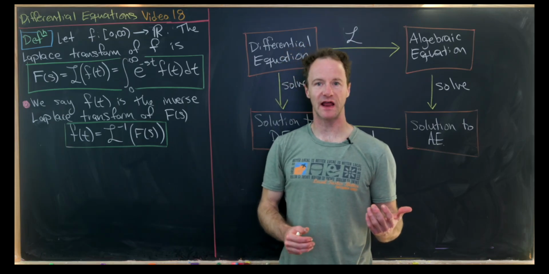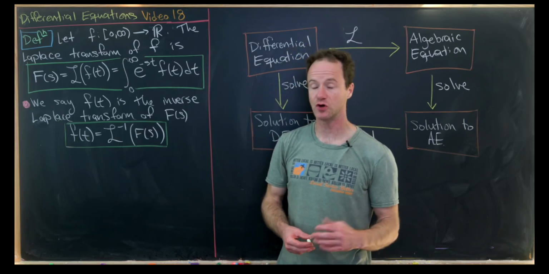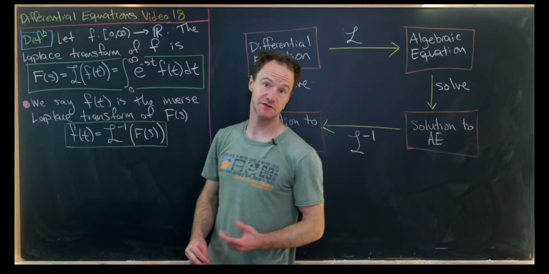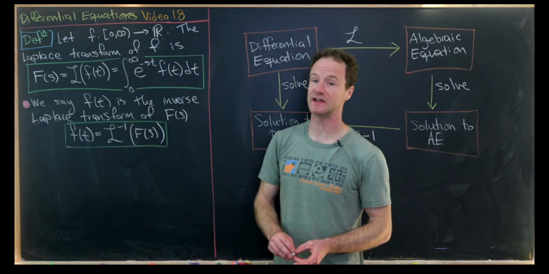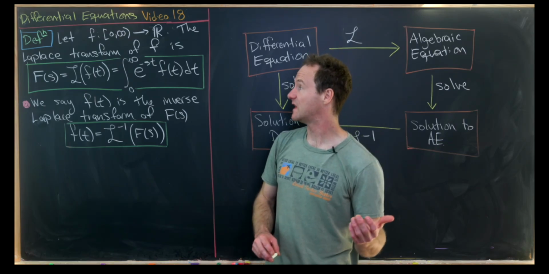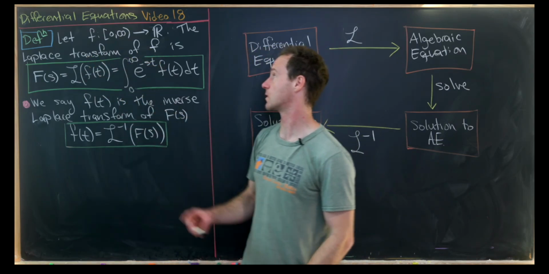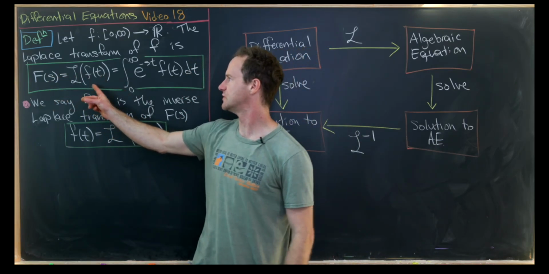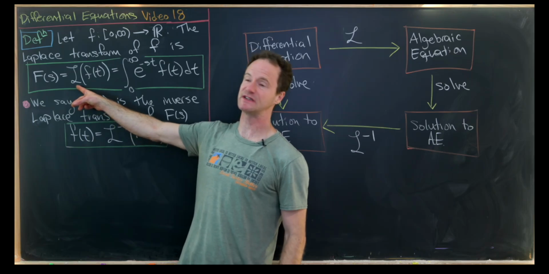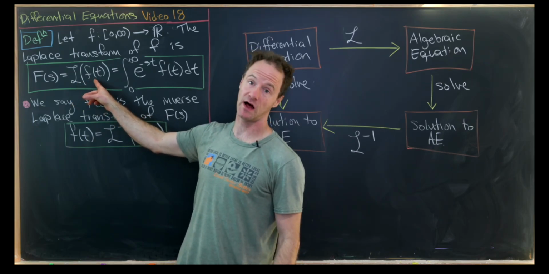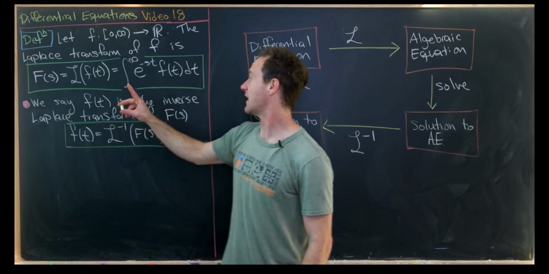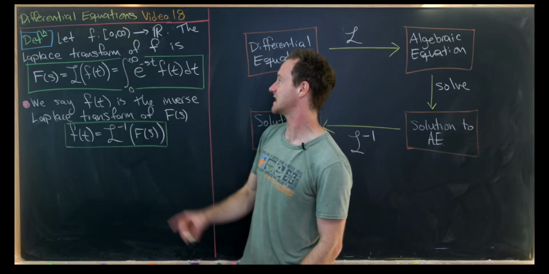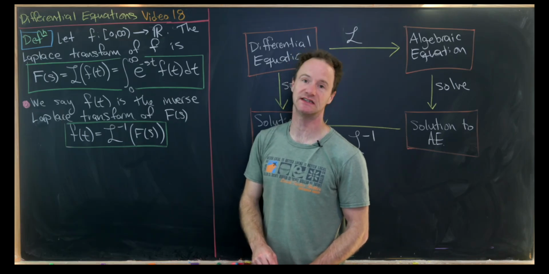So let's say we've got a real valued function f whose domain includes the non-negative real numbers, so the interval from 0 to infinity including 0. Then the Laplace transform of f is this function F of s, which we'll write with this script L applied to f of t, and that is equal to the integral from 0 to infinity of e to the minus st f of t dt.